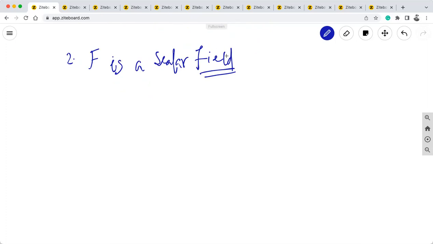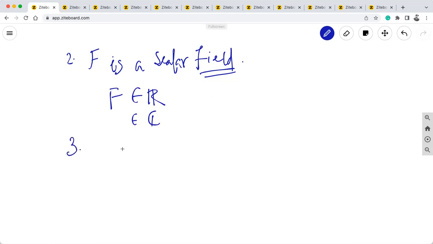We'll come across different fields at a later stage, the field of complex numbers, the real numbers, and several others. But here F is a scalar field, which may be the set of real numbers or the set of complex numbers.